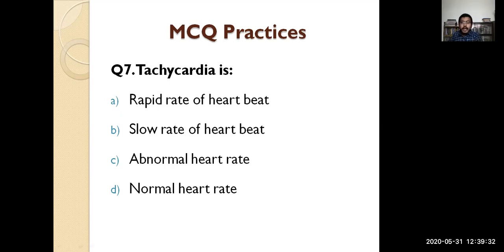So in our question, tachycardia is the rapid rate of the heartbeat. There are multiple factors like stress, exercise, fear, or other pathological conditions in the heart, the nervous system, or your kidney that can also influence the normal rate of the heartbeat. But we will not be discussing these things here.